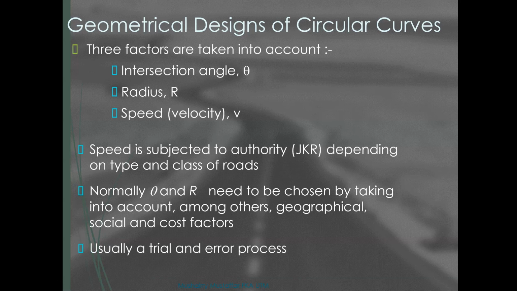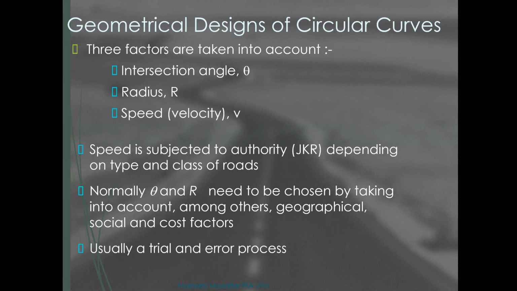Speed or velocity is subject to the authority. In this country, JKR, the Jabatan Kerja Raya, or the Public Works Department of Malaysia, has standards. They put down the regulations on that.